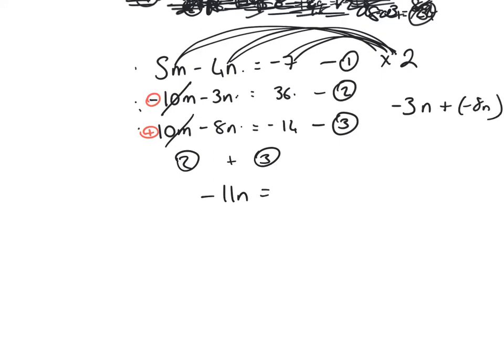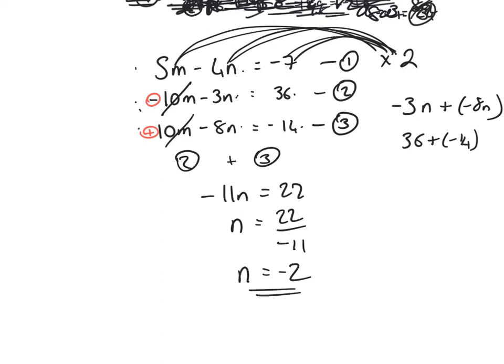And then 36 plus minus 14, just take your time with that, and that will give me 22. Then bring the 11 down and divide, and that's 22 over minus 11, and that is minus 2, n equals minus 2.